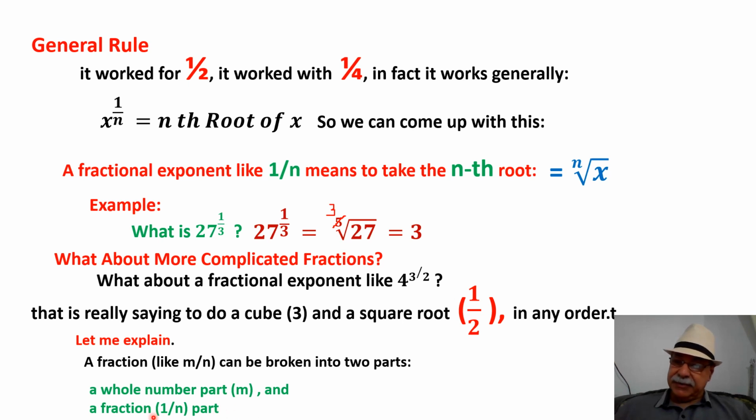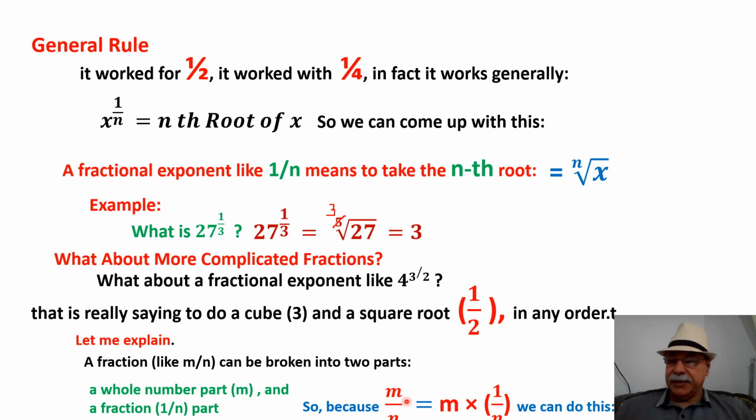This one part and this one part. So m over n equals m times 1 over n, because with any fraction, when you go to the index rule, to simplify it you must go over the numerator is 1 over n. Okay.